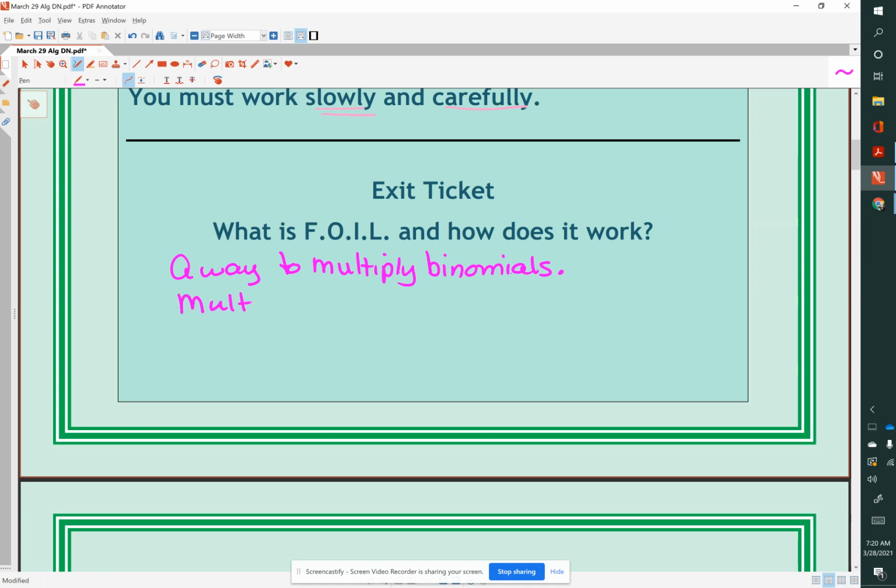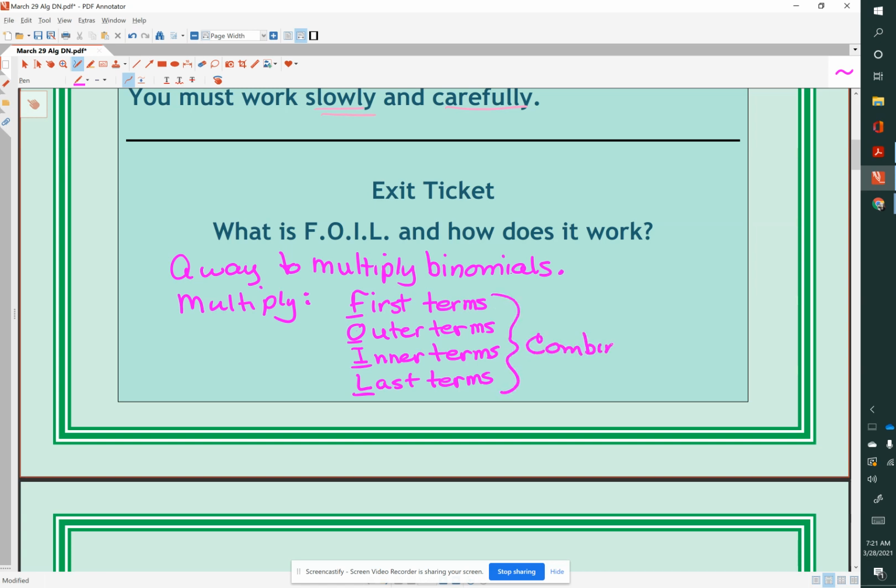Multiply the first terms, the outer terms, the inner terms, and then the last terms. And when you're done with all that, then combine like terms where you can.